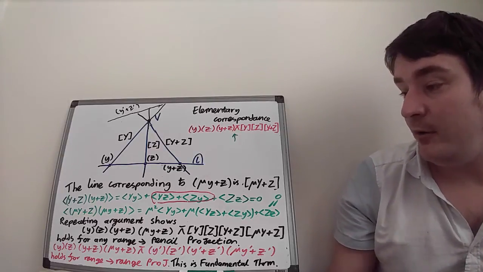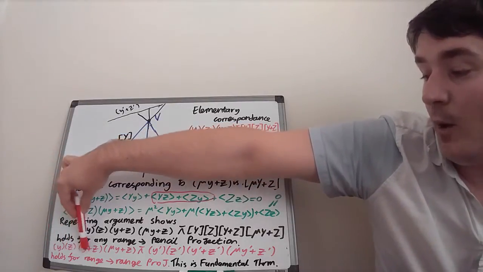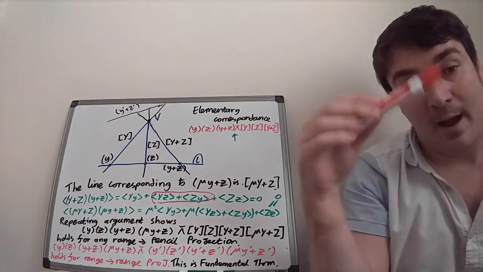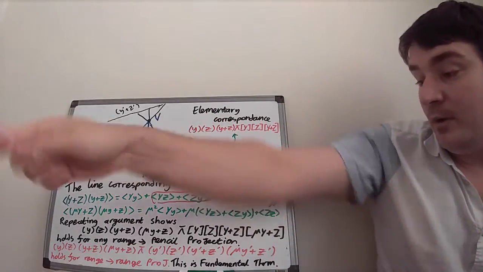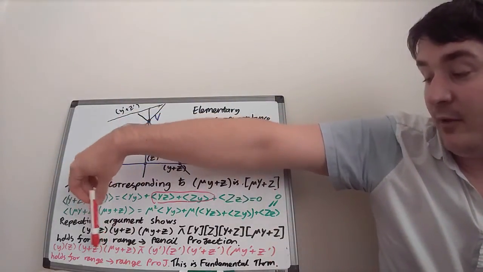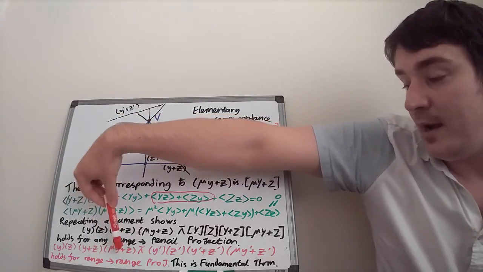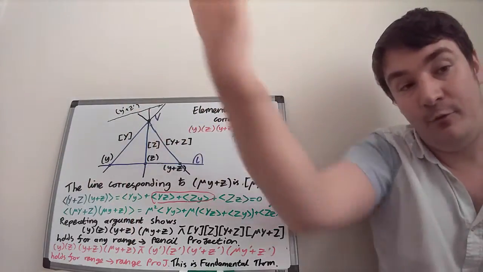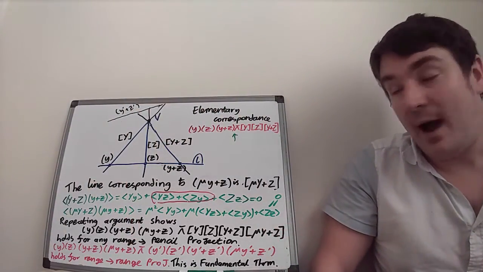basically what we're saying here is that if we know how y, z and y plus z are mapped on a range-to-range projection, then we can use this sort of algebra here to get an expression for how a general point, mu y plus z, is mapped to its image mu y dash plus z dash.